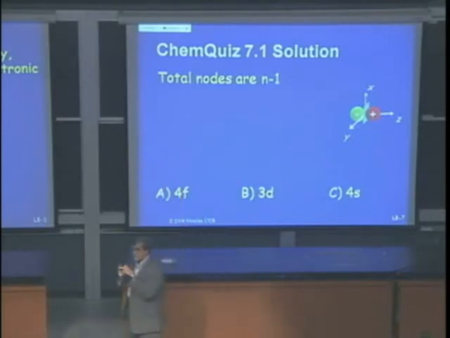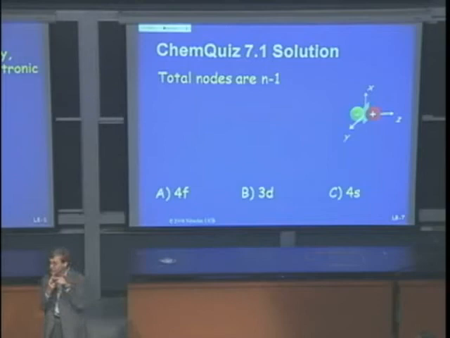So L is 2, and that's also the number of your angular nodes. And how many have we total? 0 radial nodes, okay?